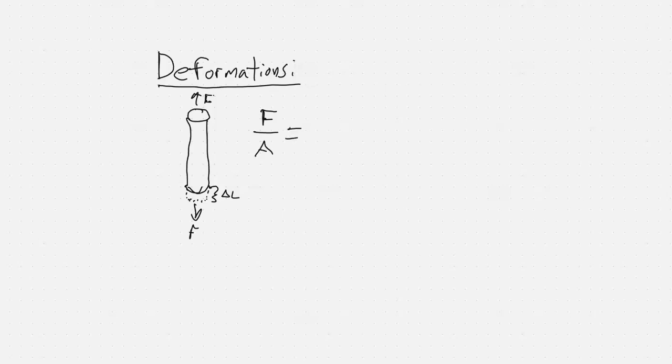This is called Young's constant. So elastic deformations get a named constant multiplied by the change in length over the original length. And so provided you know one, two, three, four of these five quantities, you can figure out the fifth. So that's an elastic deformation.